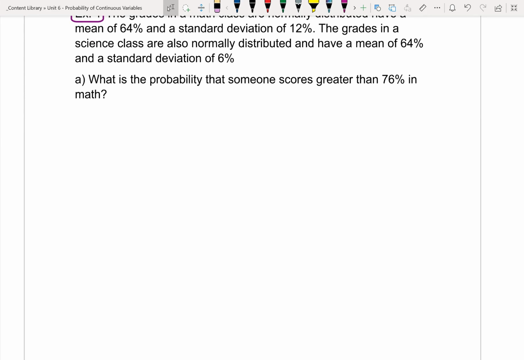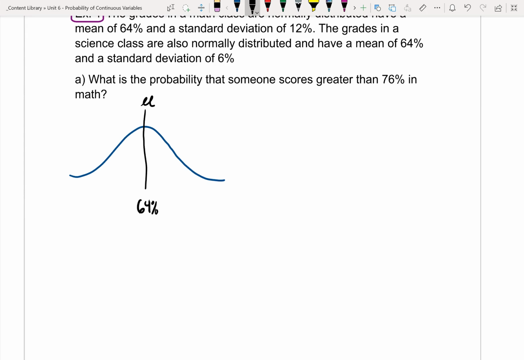So if I'm going to roughly look at my normal distribution, which I can see roughly drawn here, I know that in my middle, or my mean, I have my mark of 64%.